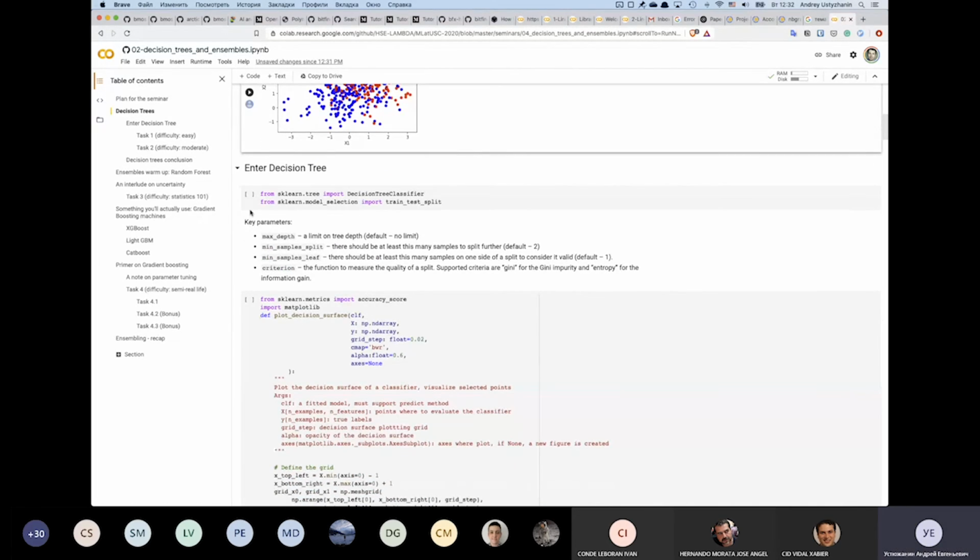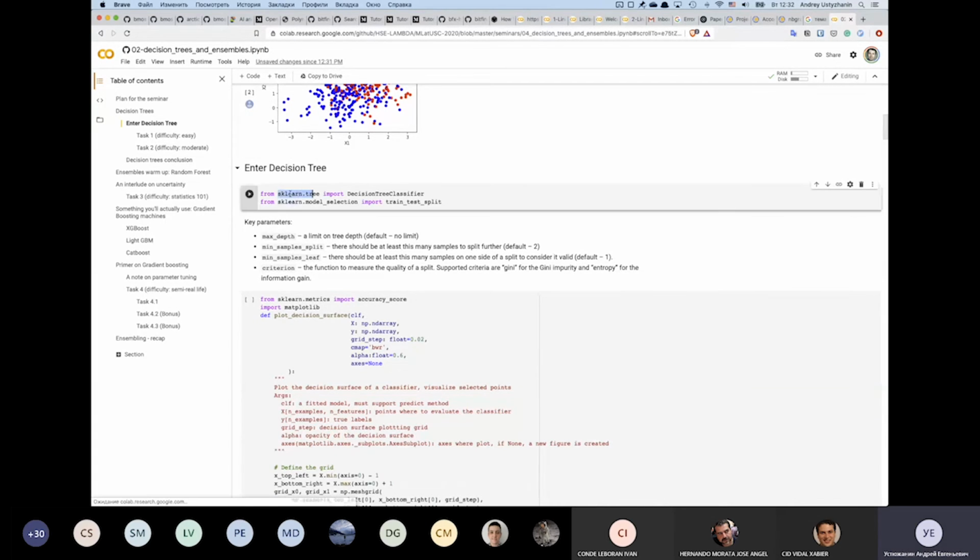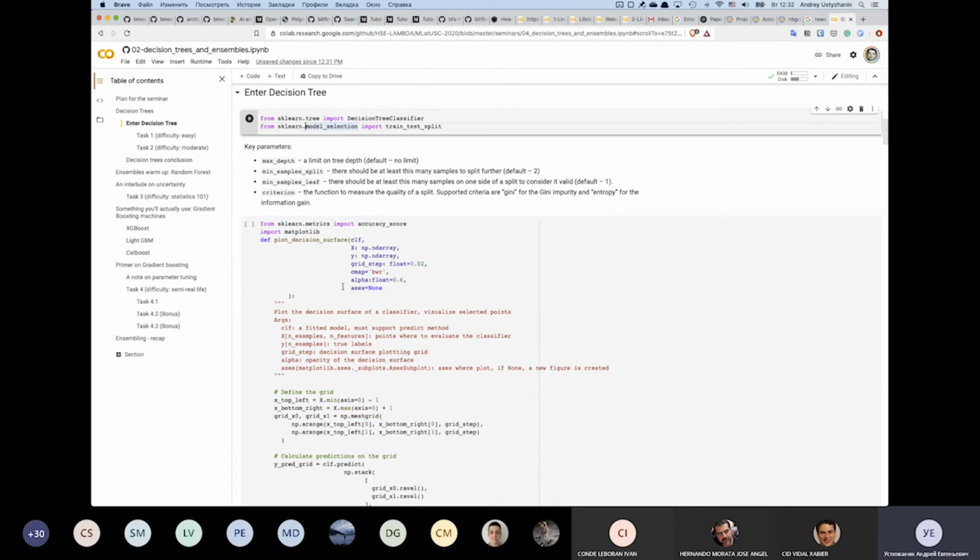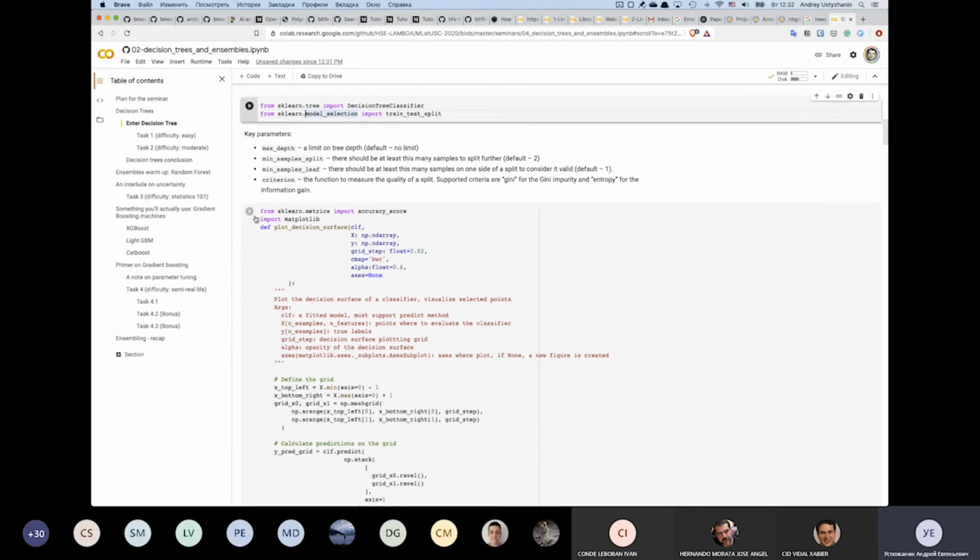So decision tree sits in the namespace called sklearn.tree. We take DecisionTreeClassifier from there, and then the model selection subspace gives access to the train_test_split method that splits the data set into two.